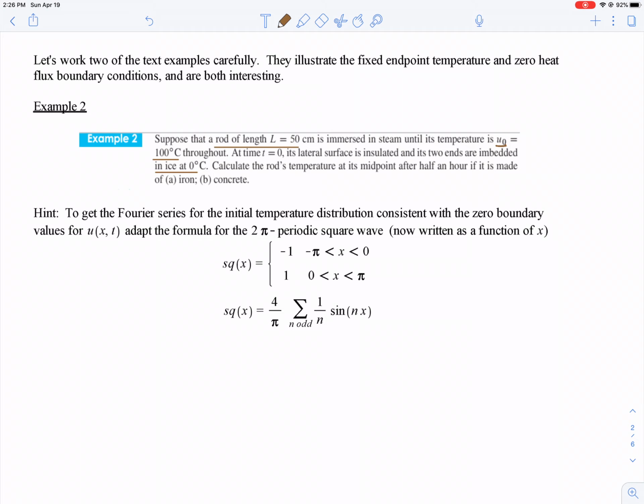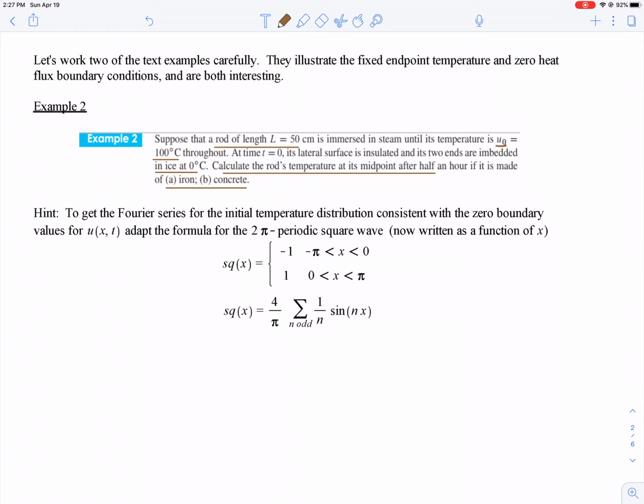And the lateral sides of the rod are insulated. So now we're supposed to find the temperature that solves the heat equation and calculate the rod's temperature at its midpoint half an hour later, and we're supposed to do it for the diffusivity constants of iron and concrete.